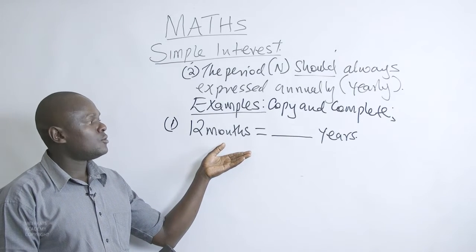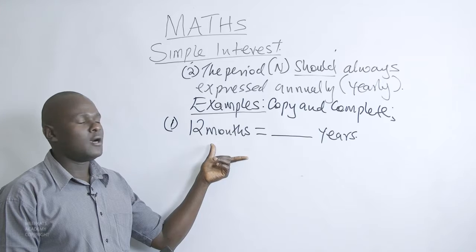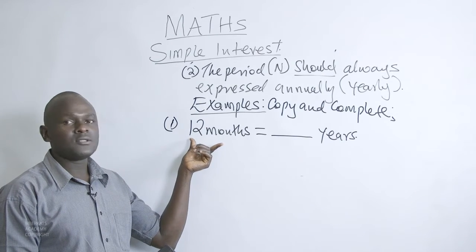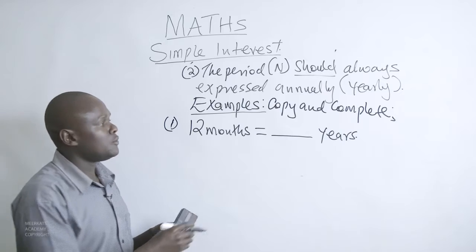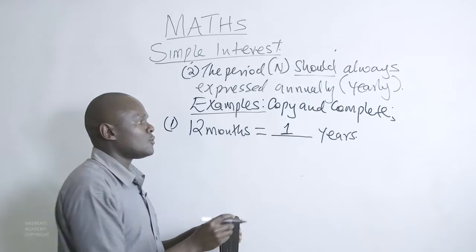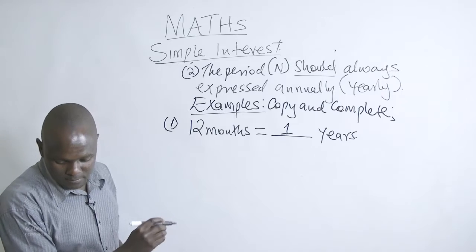We know that a year has 12 months. So it means in this case, our 12 months will be equal to 1 year.